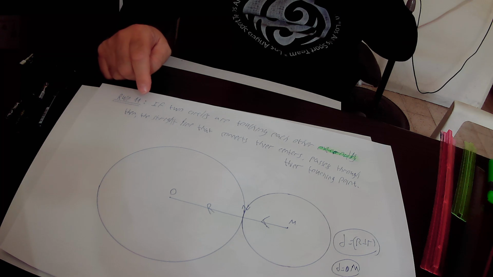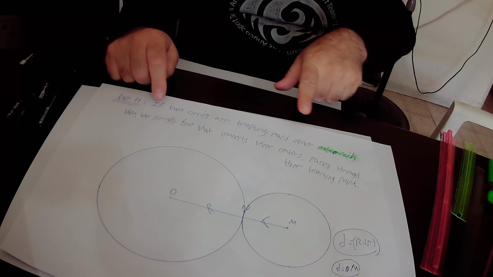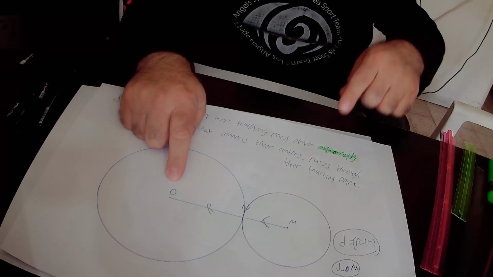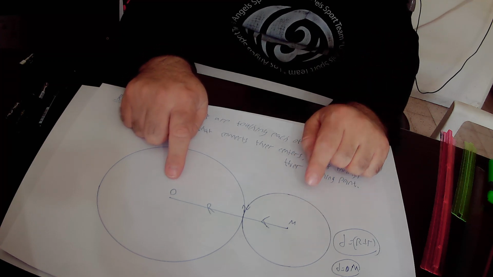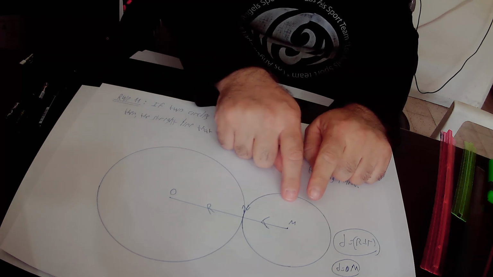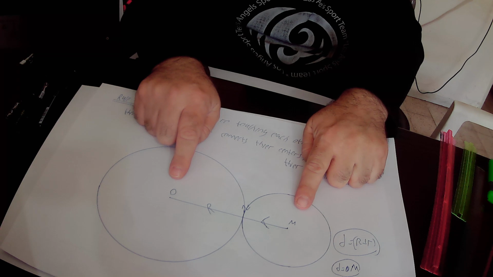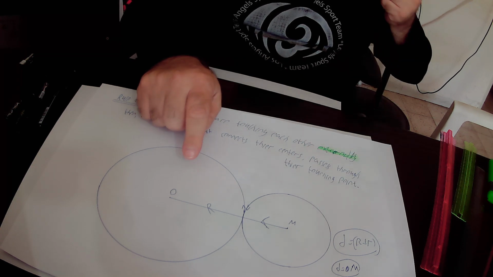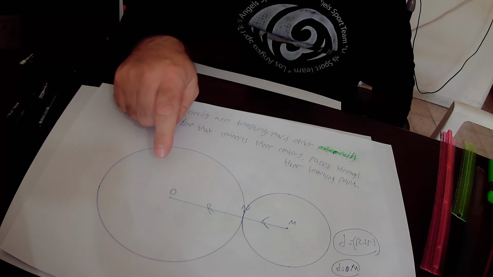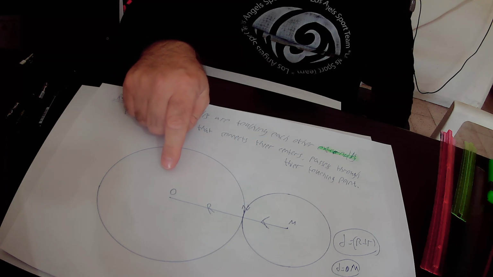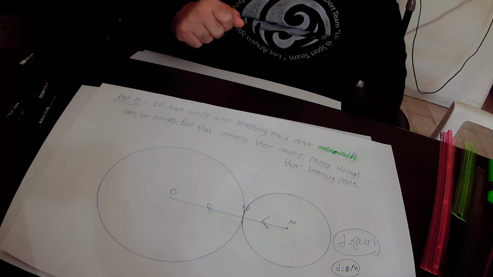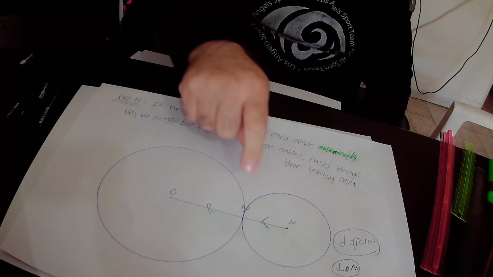Then the straight line that connects their centers together, the center of the big circle is at point O, the center of the small circle is at point M, and the straight line that connects their centers together is OM. So this straight line OM must pass through their touching point, point N. So that is to say O, N and M is one straight line.